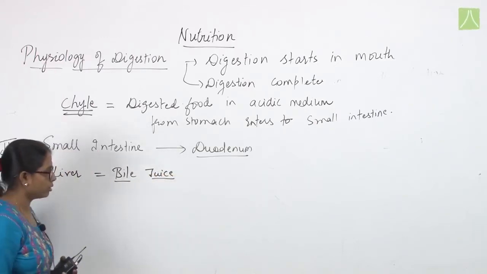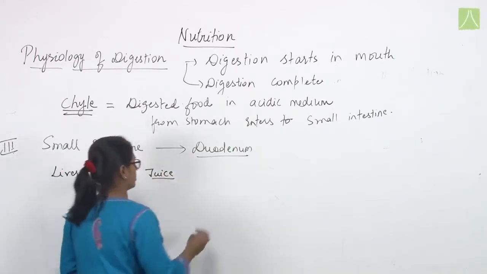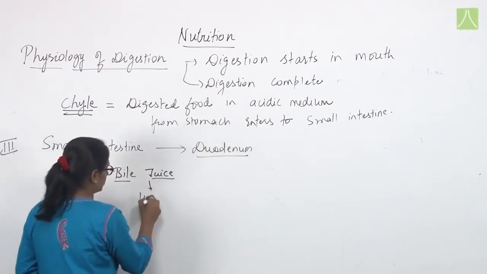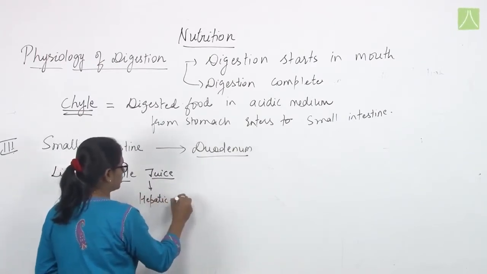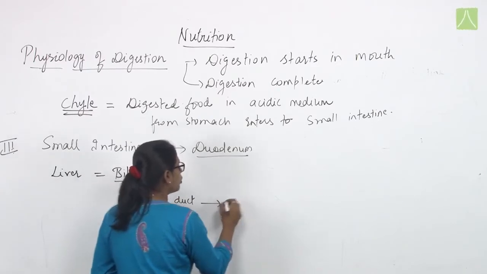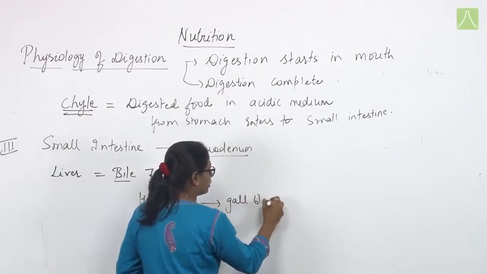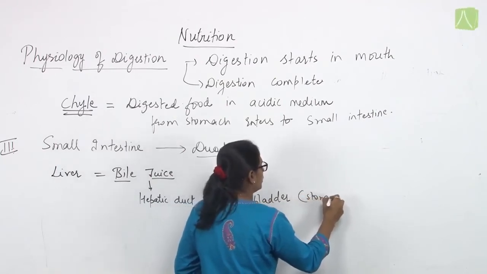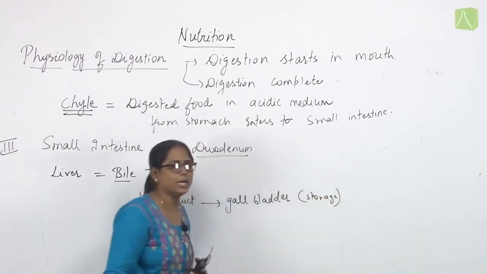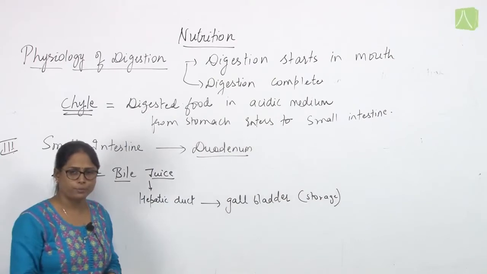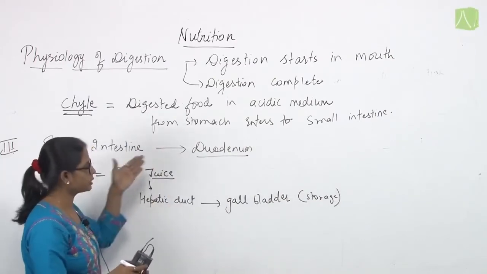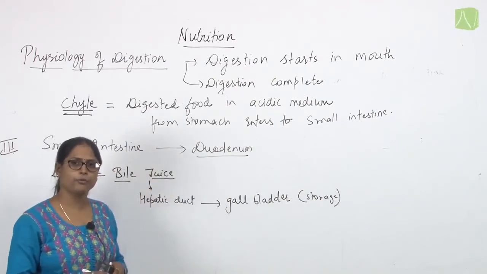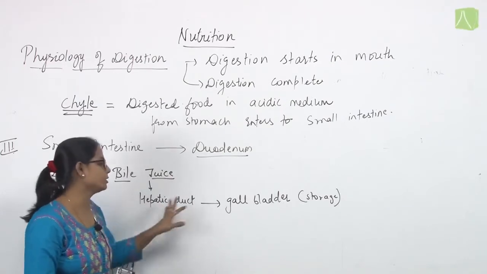This bile juice passes through the hepatic duct to the gallbladder and remains stored there. So bile juice forms in the liver, but it transfers to the gallbladder for storage through a duct known as the hepatic duct.